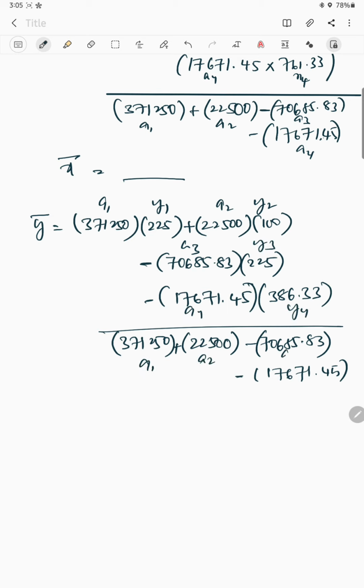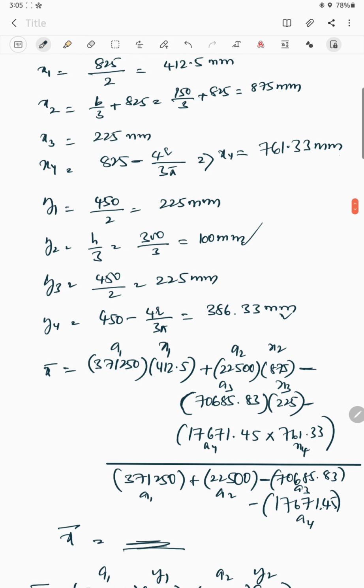This is a1, a2, a3 and a4. You will get the value of y bar, that is 206.45 mm, and here you will get some value somewhere around 440. Okay, you can calculate the value with the help of your calculators. I'll not write here.